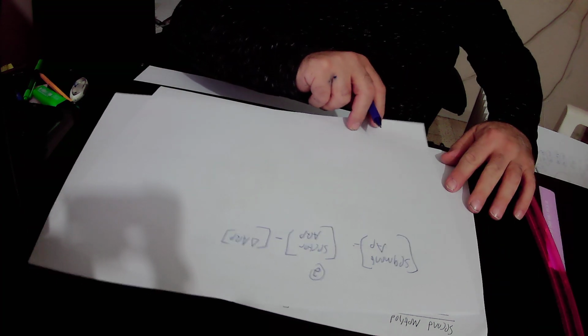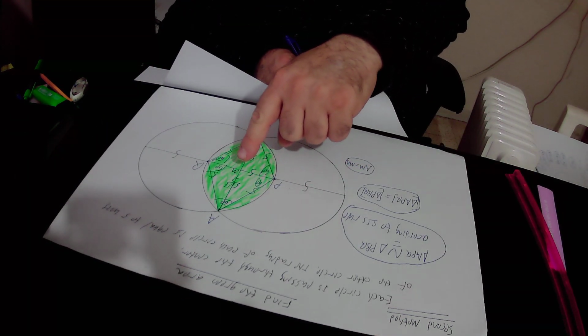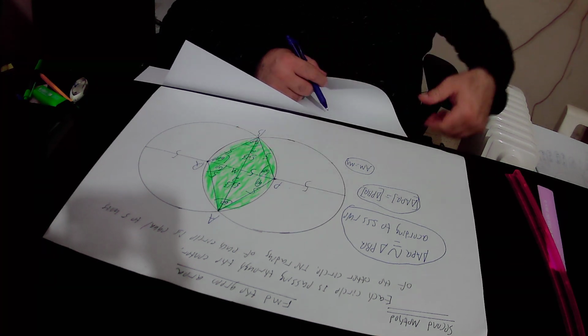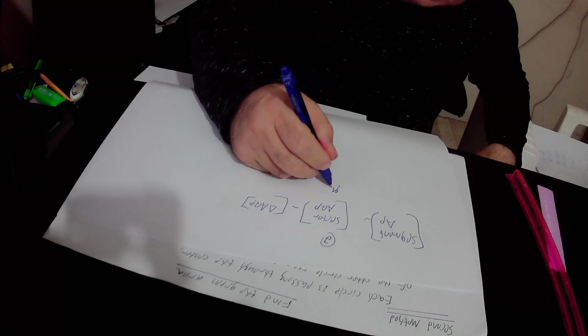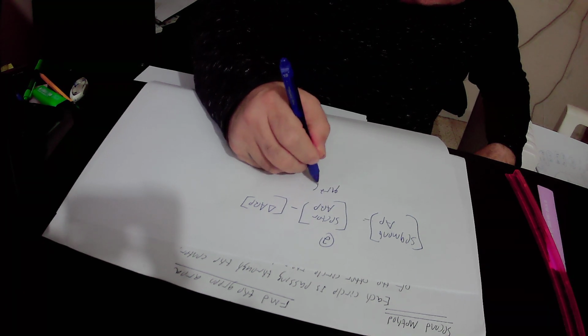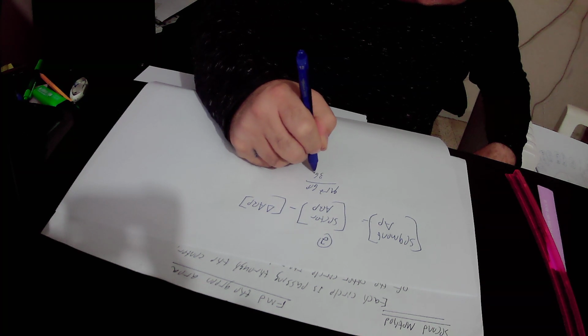So, the area of sector AQP, this sector, equals pi r squared times 60 degrees over 360 degrees.